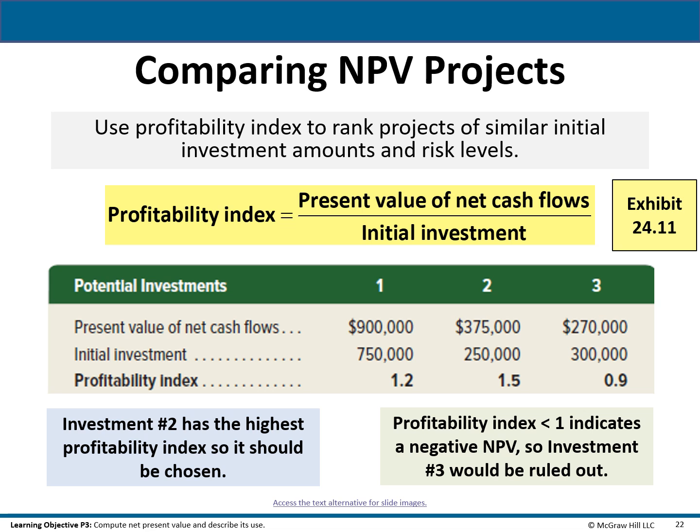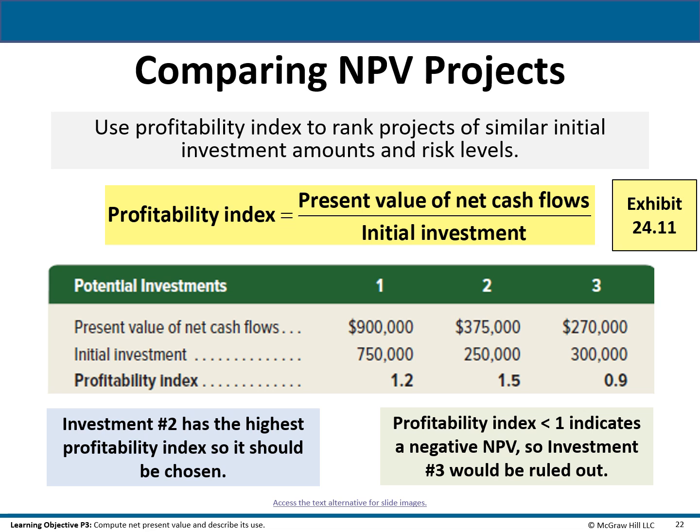If you look at Exhibit 24.11, it illustrates the computation of the profitability index for 3 potential investments. A profitability index less than 1 indicates an investment with a negative net present value. This means that we can drop investment 3 from consideration. Both investments 1 and 2 have profitability indexes greater than 1. That means that they have a positive net present value.